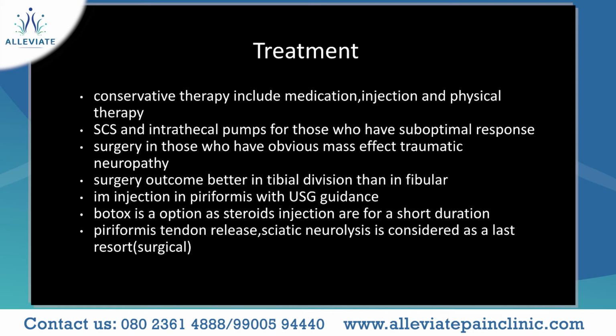There are cases where a spinal cord stimulator and intrathecal pumps are considered if there is a suboptimal response. Surgery is for those who have obvious mass effect or traumatic neuropathy. Surgery outcome is better in the tibial division than the fibular. IM injection in the piriformis is done with ultrasound guidance.